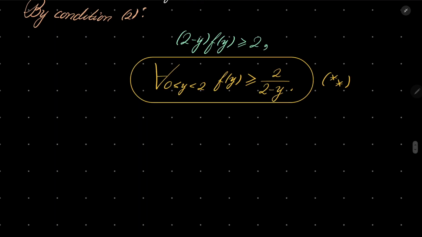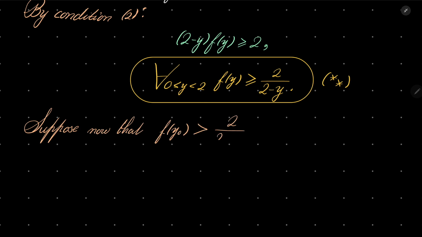Now, I wish to show that in fact this inequality is an equality. To do that, I will suppose to the contrary that we have strict inequality for some number y. So suppose now that f of y0 is strictly greater than 2 over 2 minus y0 for some y0 between 0 and 2.